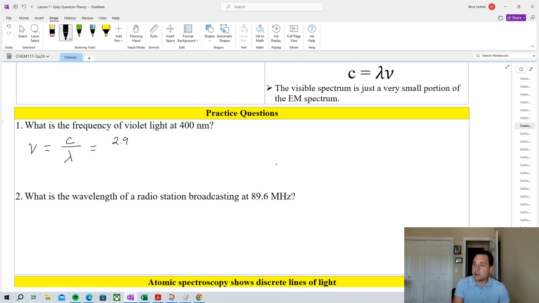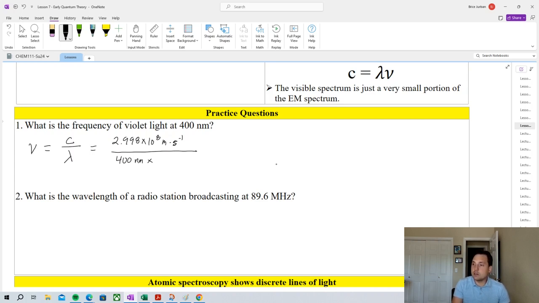Speed of light is 2.998 times 10 to the 8th meters per second. And I'm going to use this notation in like s to the negative 1 here. And the wavelength is 400 nanometers. But I need to convert that first to meters.